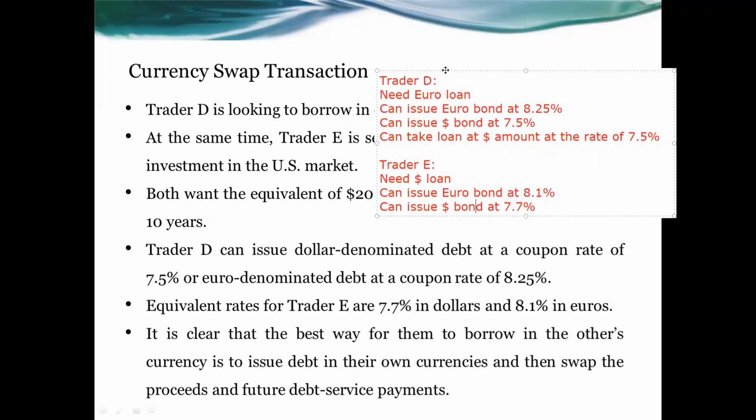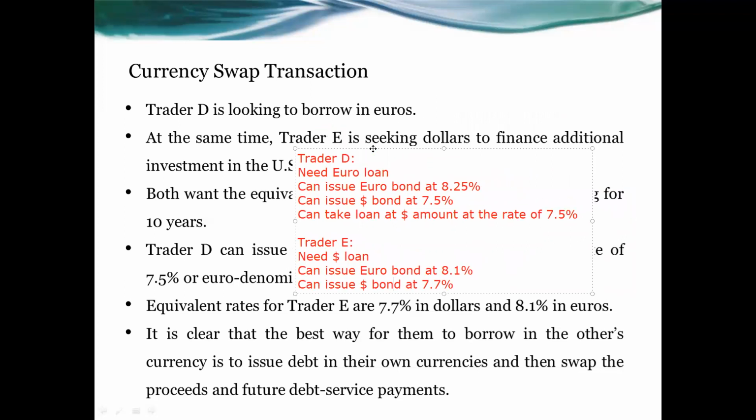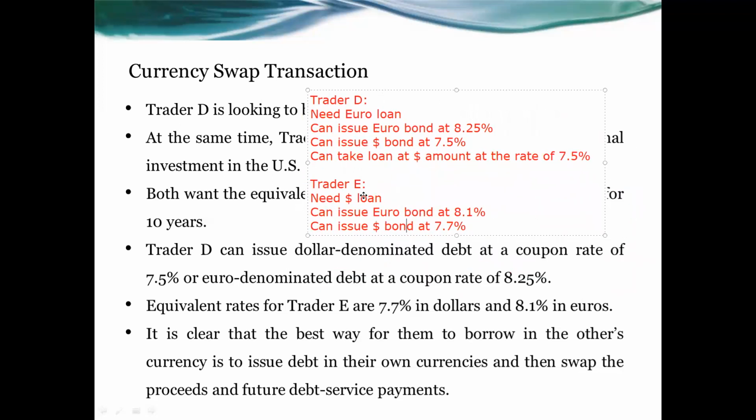Now trader D is looking for a euro loan. But if he issues a euro bond, he has to pay 8.25% interest. And trader E requires a dollar loan.